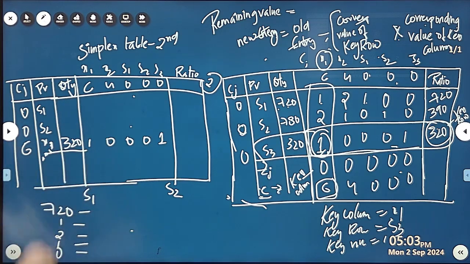Next, what he is telling: corresponding value of key row. What is the key row there? S3. So what will be the corresponding value in that? S2. Okay, next, what he is telling: corresponding value of key column, what does that mean?